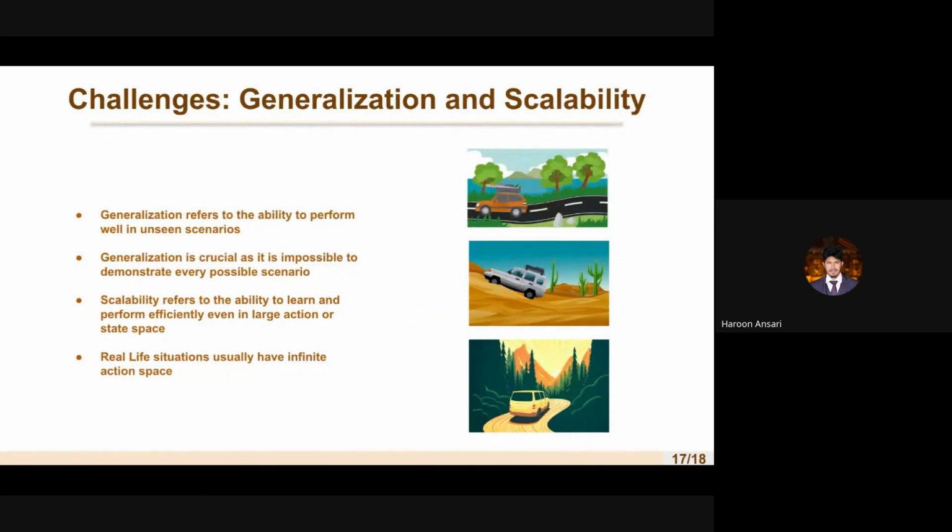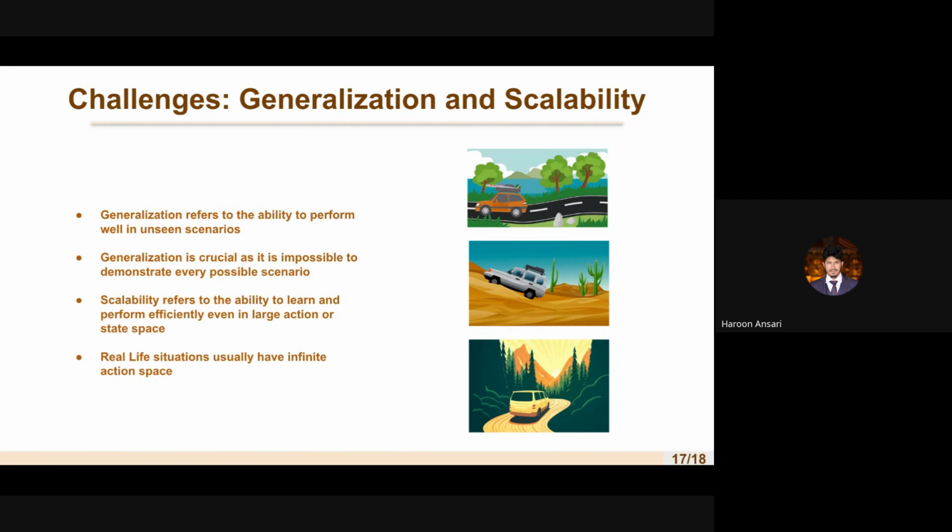Now another thing is generalization. When we interact with the environment, let's take the example of autonomous driving, it's not possible to simulate all the scenarios. You can simulate the traffic on the road, and you can simulate, let's say, a hilly area where the roads go up and down.